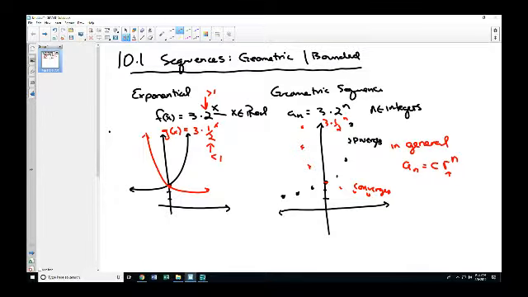Okay. So what do you notice about the values of R there? They're small. Okay, what else? Those are the values of R, okay.